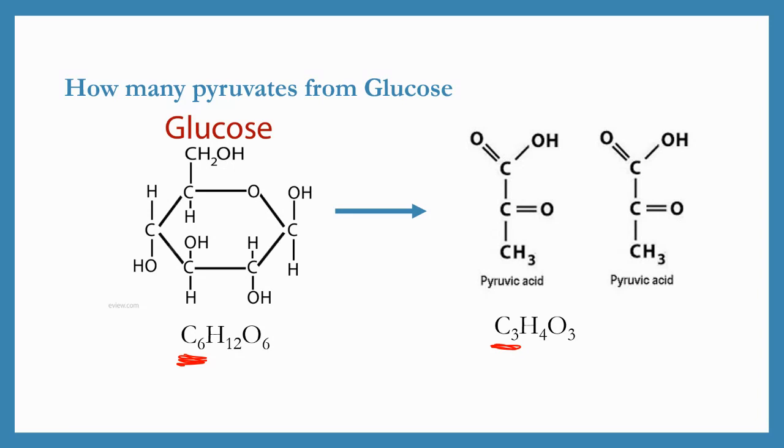So every glucose will produce 2 pyruvic acids. You can see that with the oxygens as well, right? 6 oxygens. Hydrogens, it turns out, doesn't work because with water and acidy stuff, they kind of come and go. But I didn't have to memorize how many pyruvic acids you get from glucose because I knew there are 6 carbons in glucose and there's 3 in pyruvic acid. So obviously you would get 2 pyruvic acids for every glucose.